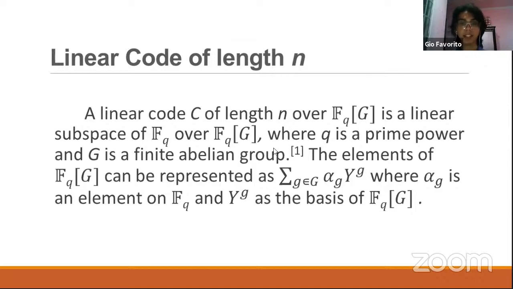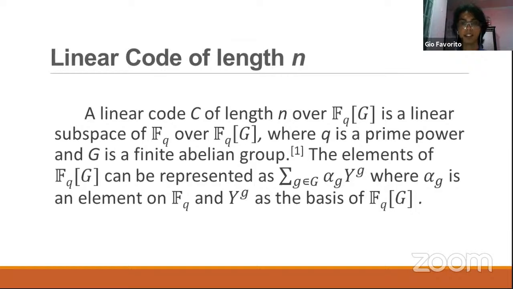So the linear code of length n is indexed by the Galois field of Q by elements of G, n-tuples. In my SP, the specific case is Q is 2, and that linear code is called a binary code.